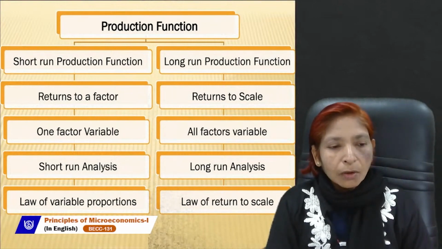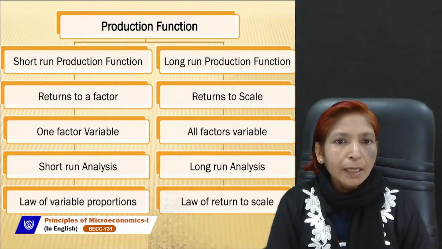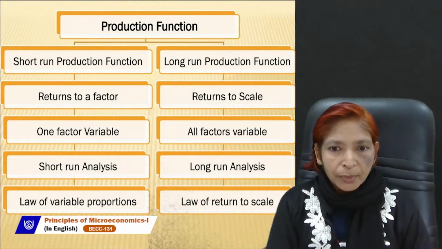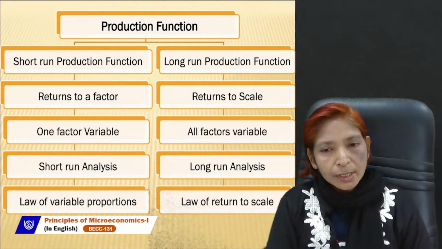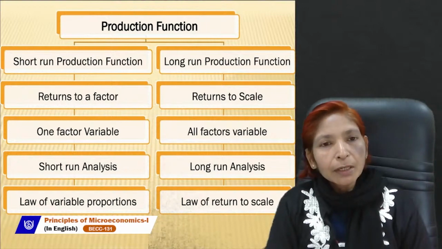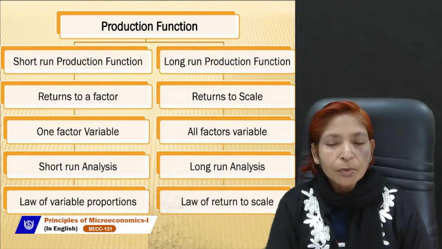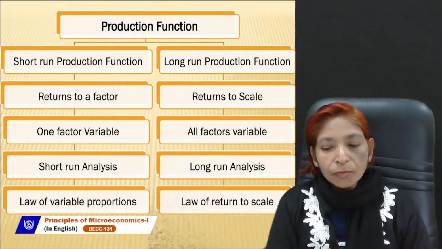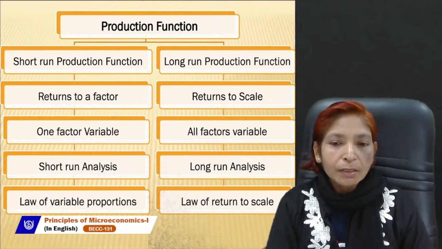In short run, one factor is variable and we assume other factors remain constant. Under returns to scale, applicable in long run, all factors of production are variable, because in long period we have too much time, so we can change all the factors of production very easily.